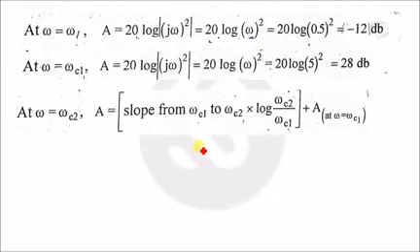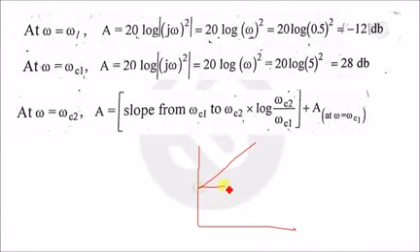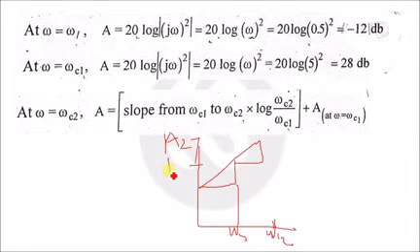So when I get like this, this is omega C2, this is omega C1. You can try the mathematics, no problem. So here I have gain like A2, and here I have gain as A1 at omega C1. So what is the value?